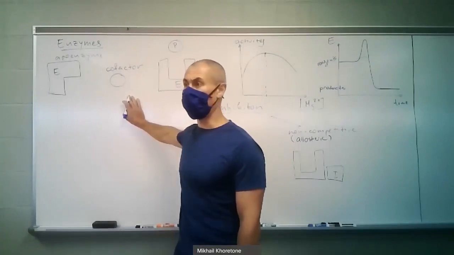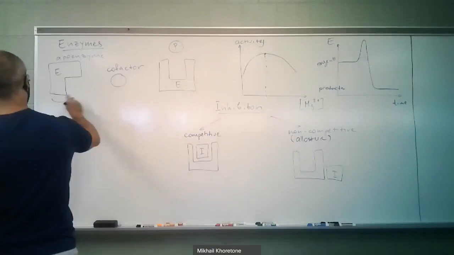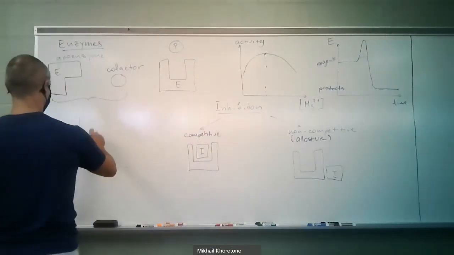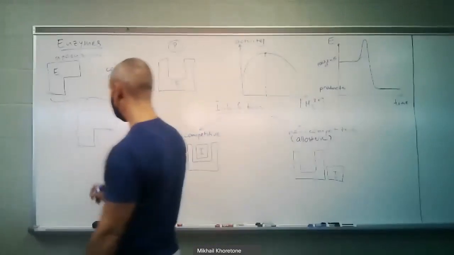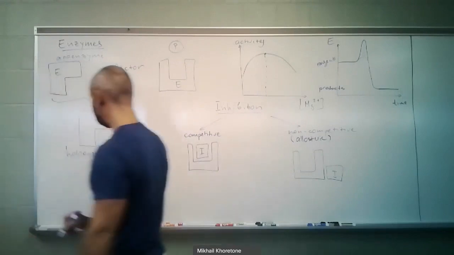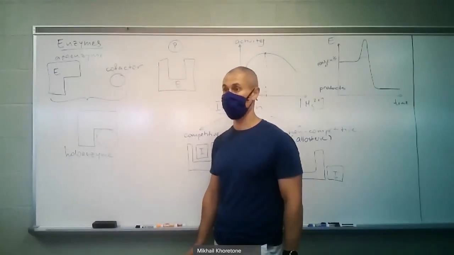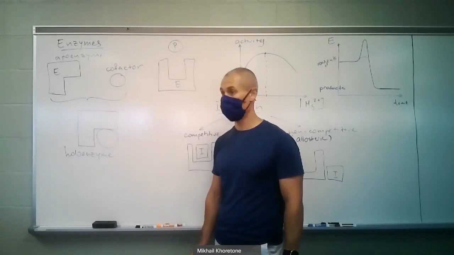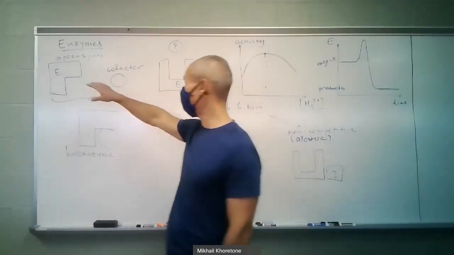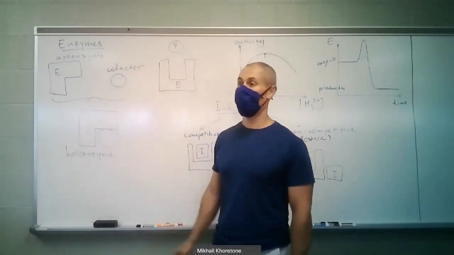Can be an ion, like magnesium or molybdenum or chromium. Only when these two come together will they form a functional unit, which is called holoenzyme. Does it make sense? So apoenzyme has to bind to a cofactor to form a functional holoenzyme.